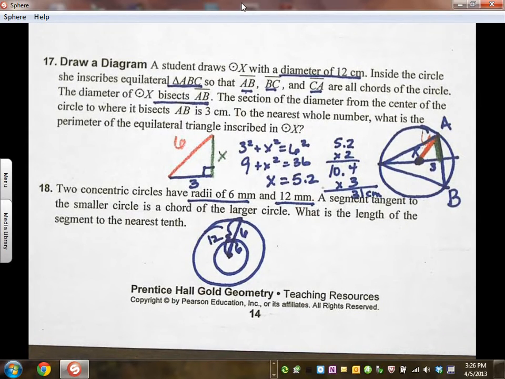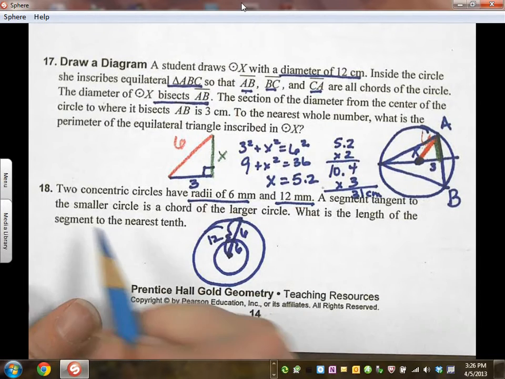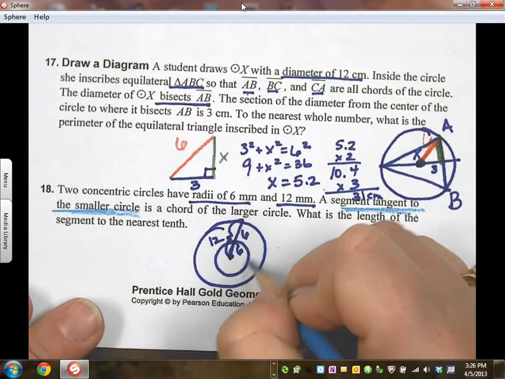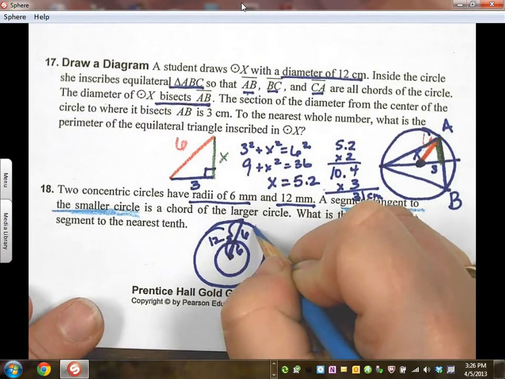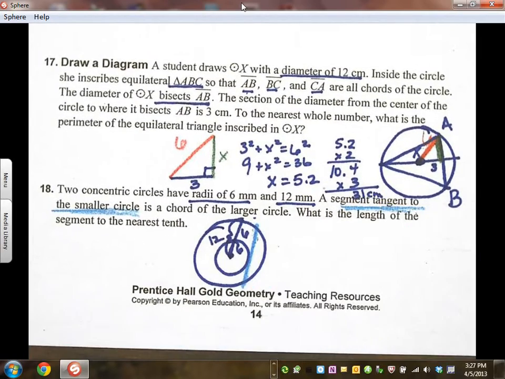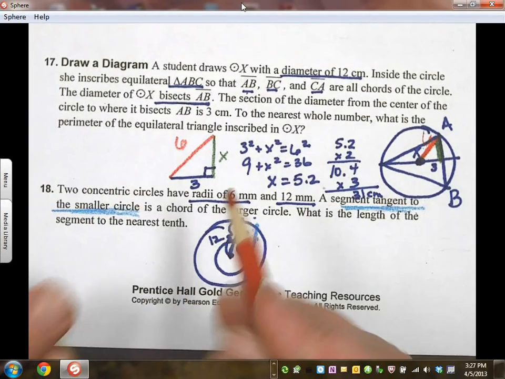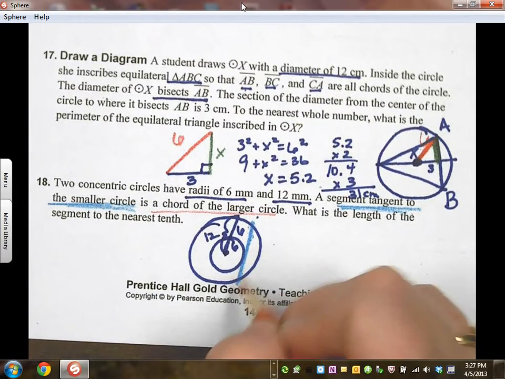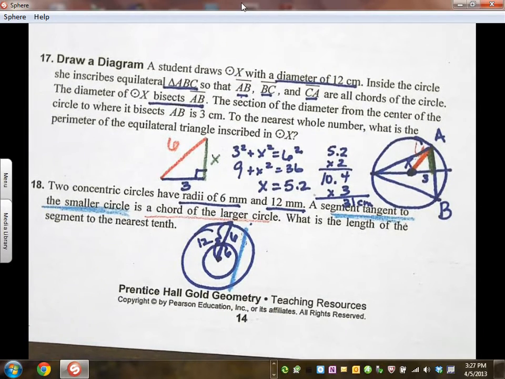A segment tangent to the smaller circle. So here's the words for that. A segment tangent to the smaller circle. So let's draw a tangent here. It's a chord of the big circle. See that right there? It says it's a quarter of the larger circle. It wants to know what's the length of that light blue segment.